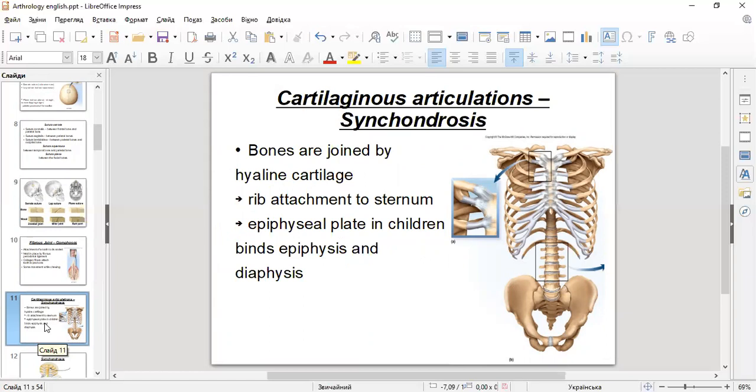Cartilaginous articulations, synchondrosis. Bones are joined by hyaline cartilage. Rib attachment to sternum. Epiphyseal plate in children binds epiphysis and diaphysis.